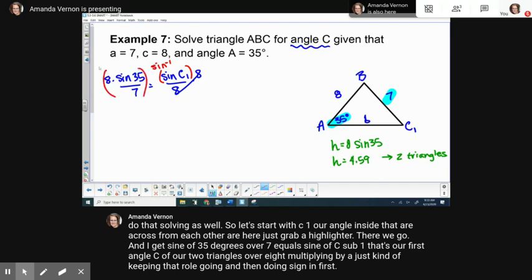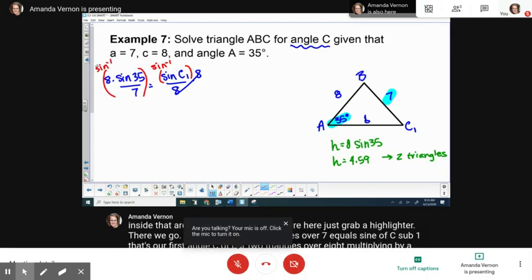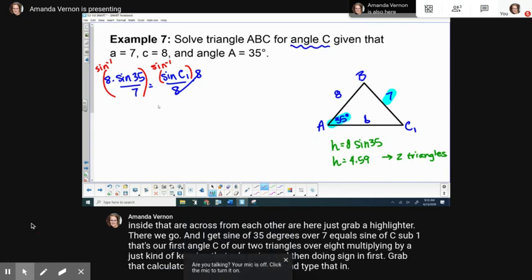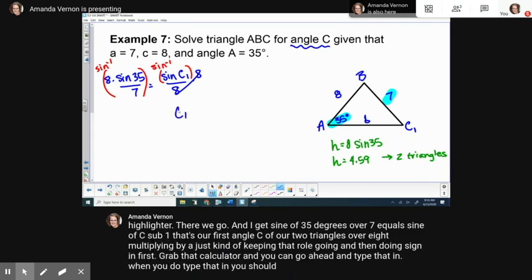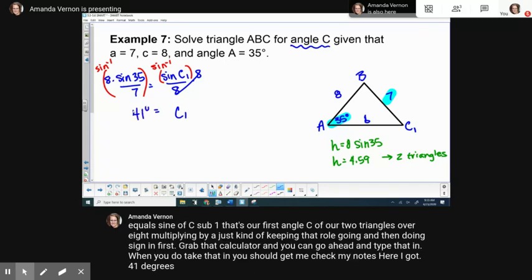Grab that calculator and you can go ahead and type that in. When you do type that in, you should get, let me check my notes here, I got 41 degrees. And again, I'm rounding to the nearest whole degree. So C sub 1 is 41 degrees.